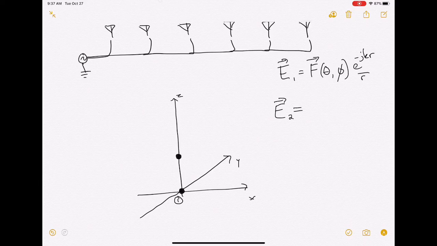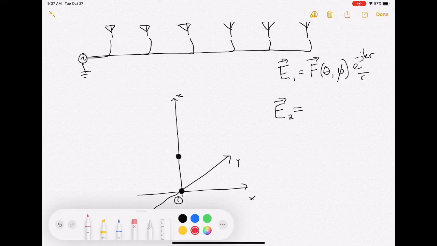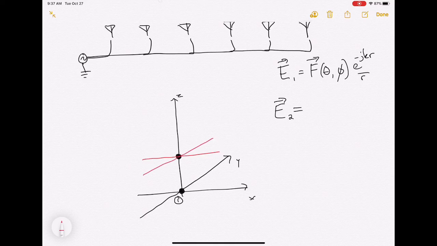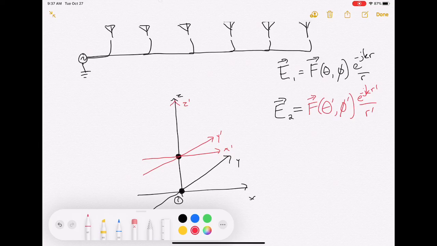If we draw a second set of position coordinates that is centered around the second antenna, we call those, let's say, x prime, y prime, and z prime, then the electric field due to the second antenna is going to be the same function of theta prime, phi prime, and then it's going to have e to the minus jkr prime over r prime. Okay, but how are these things related?